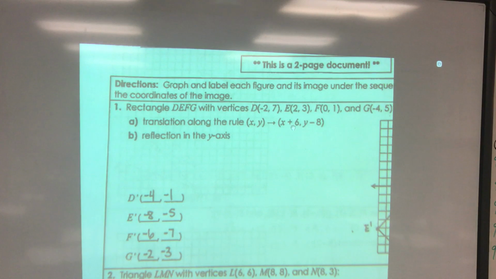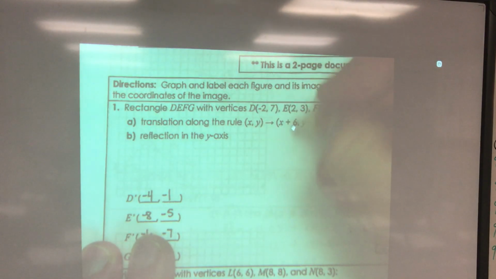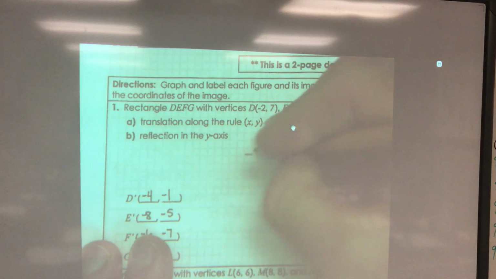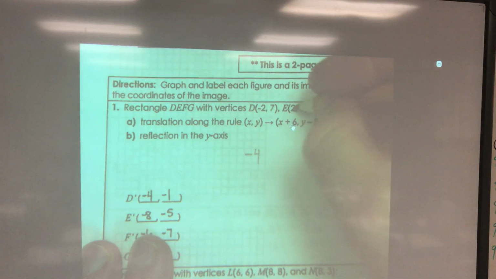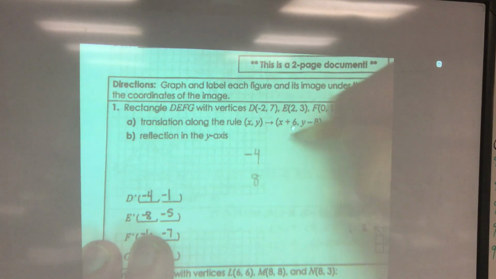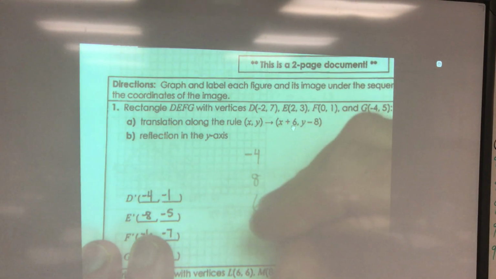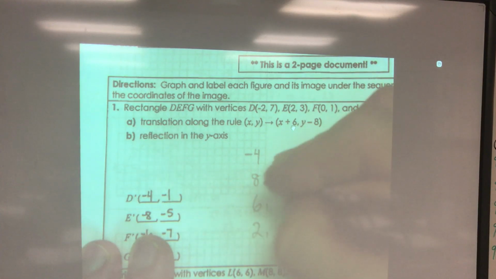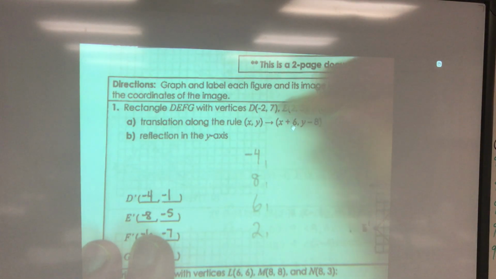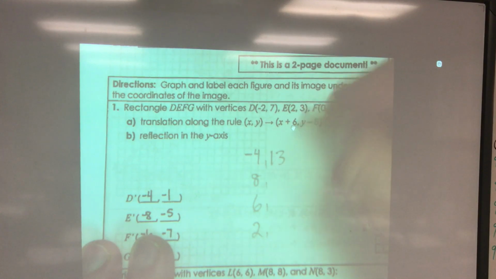To follow that rule across the top, this means that in my x values I would have negative 4 and 2 plus 6 is 8, 0 plus 6 is 6, negative 4 plus 6 is 2. Then on the y part, I get 7 plus 6 is 13, 3 plus 6 is 9.